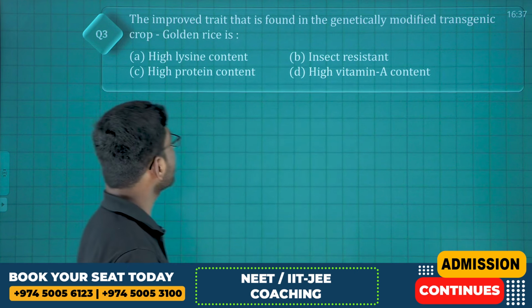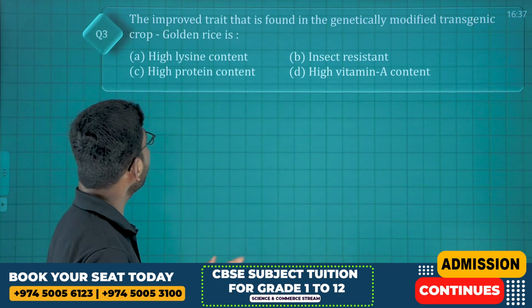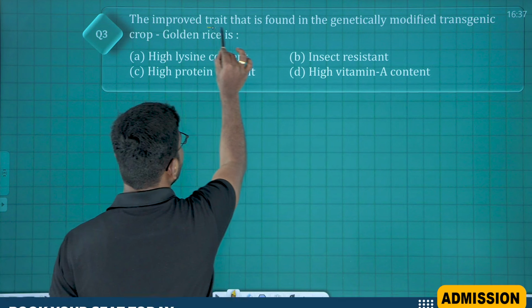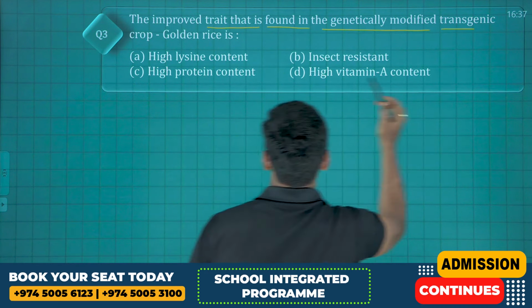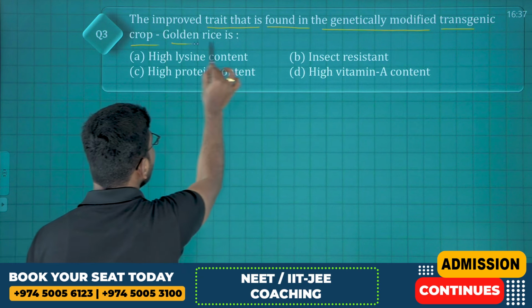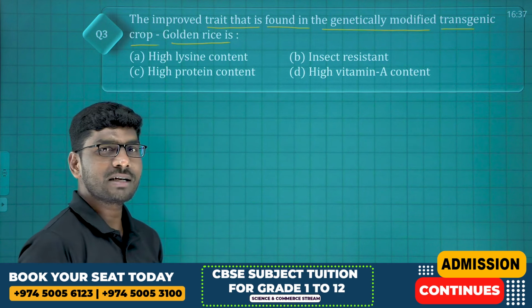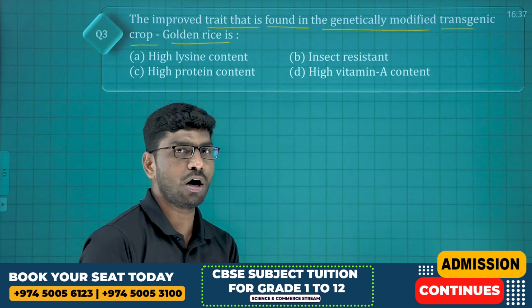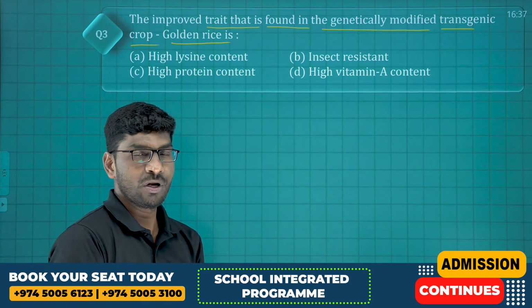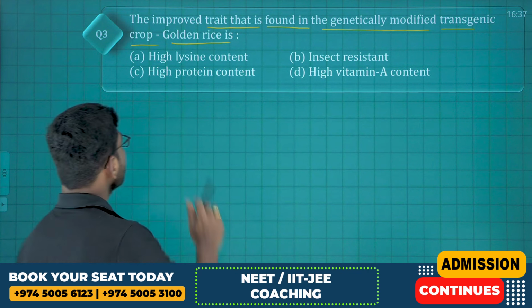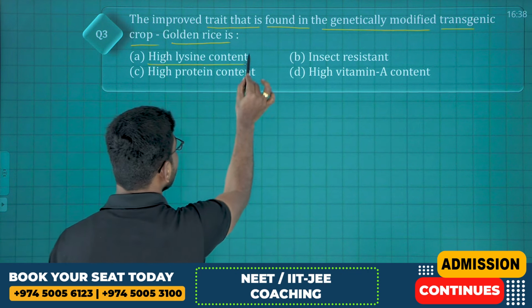Next question is question number 3. The improved trait that is found in the genetically modified transgenic crop, golden rice. This golden rice is a genetically modified crop, vitamin A enriched to prevent night blindness or eye related problems. Look at here what is given. High lysine content?